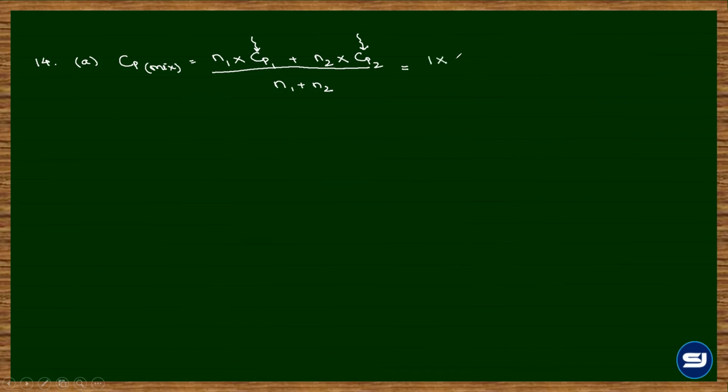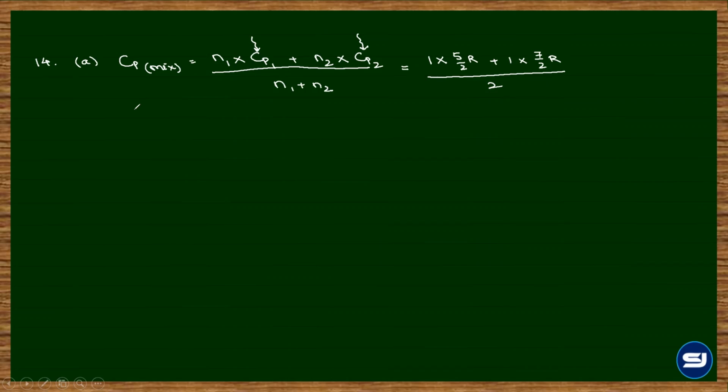So it will be 1 into what is Cp for the monoatomic gas? 5/2 R. Plus 1 into Cp for the diatomic gas, 7/2 R, and the total moles are 2.